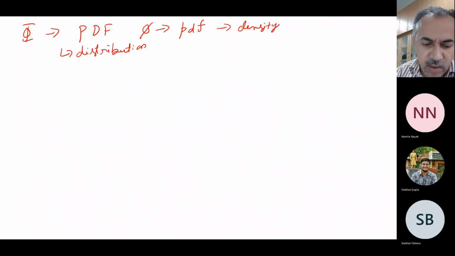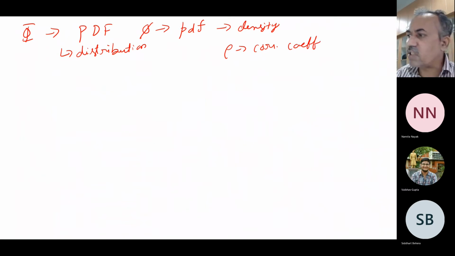These are the two functions, and rho is the correlation coefficient, which is the same along all the elements.